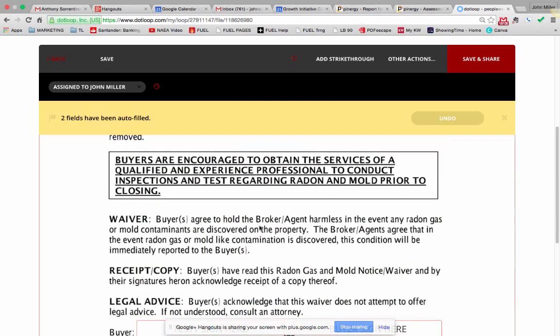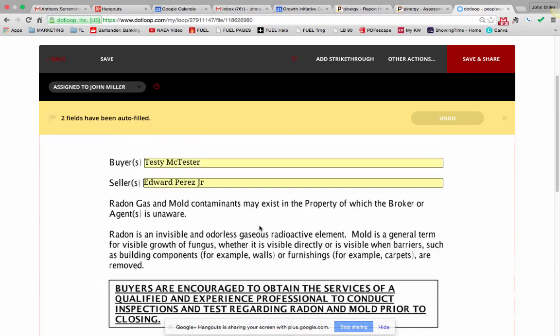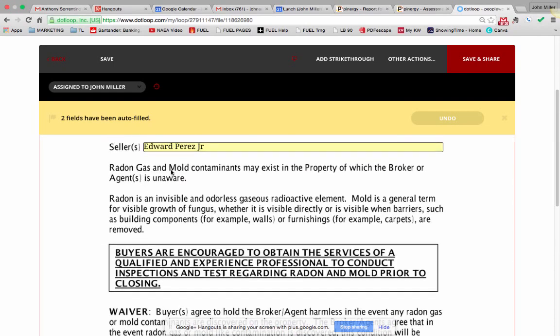This is a waiver. Let's read it together. Radon gas and mold contaminants may exist in the property of which the broker agent is unaware. Radon is an invisible and odorless gaseous radioactive element.